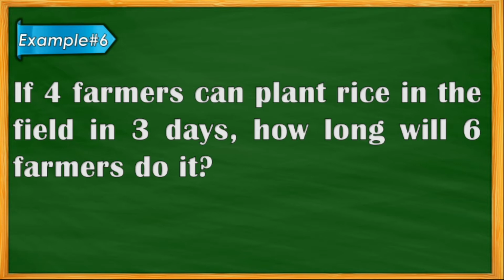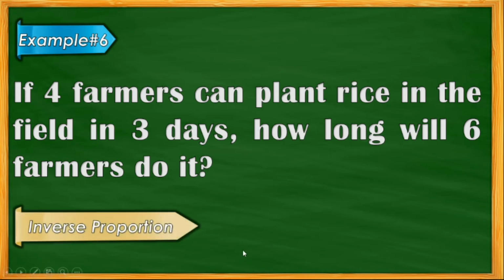So this problem is an inverse proportion because it involves a job, because it can easily do the job if 4 farmers are added by 2. So it is inversely proportional.